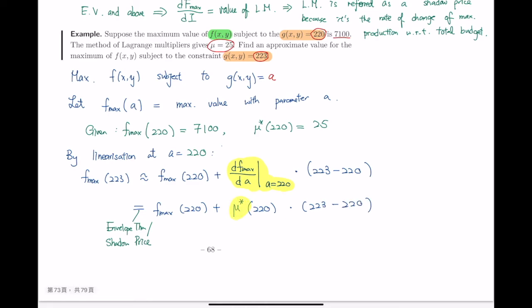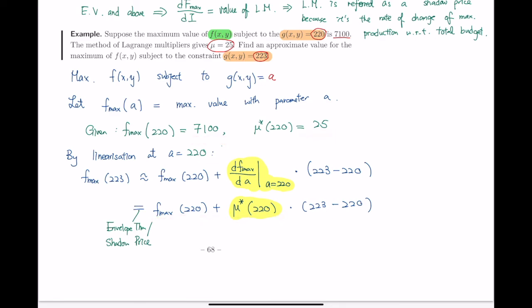Okay? So if you do not believe that, you can apply the envelope theorem to see it. But in this case, because this is a simple case where the parameter appears on the right hand side of your constraint, we can simply conclude that this equals the Lagrange multiplier. By now, we realize that both pieces of information here are given.